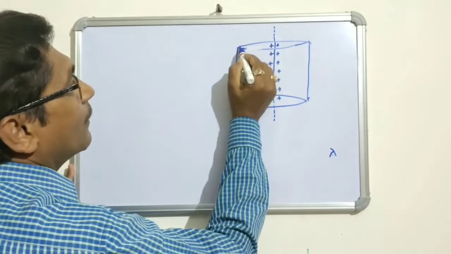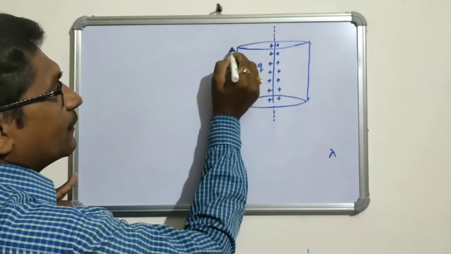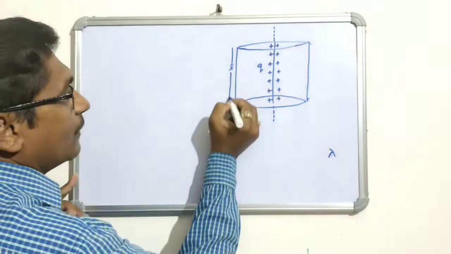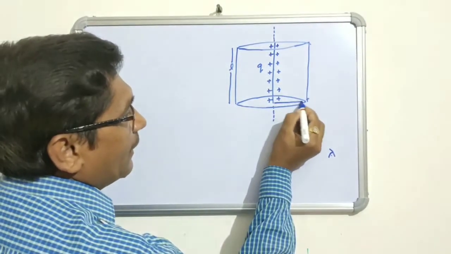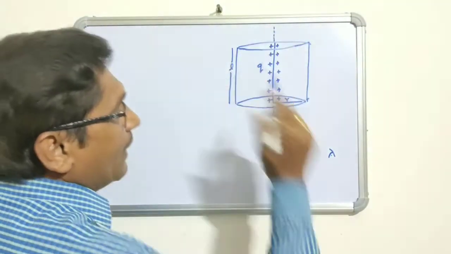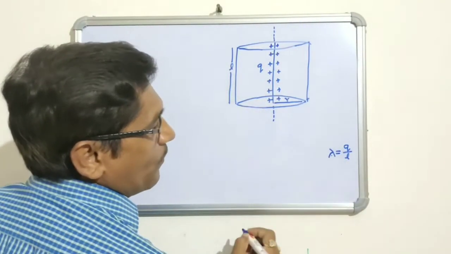The length of this Gaussian surface is small l. Radius of the cylinder is r. So linear charge density on this wire is lambda equals to q, total charge, upon length.